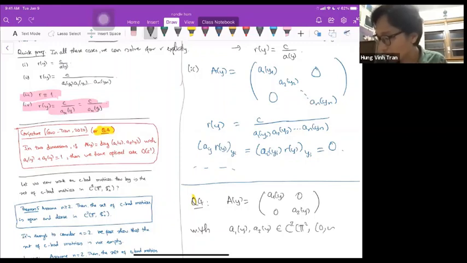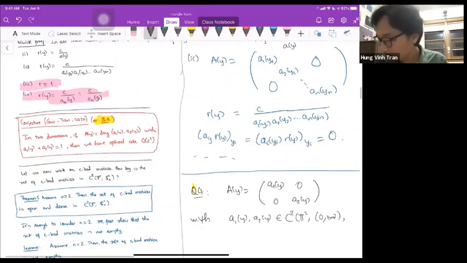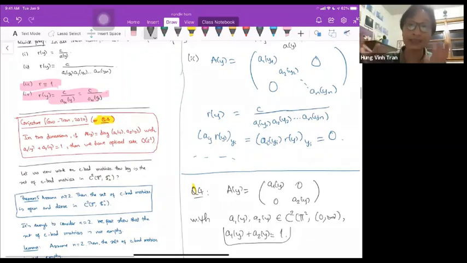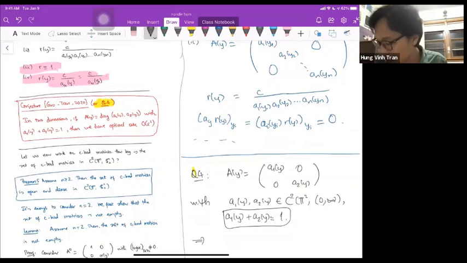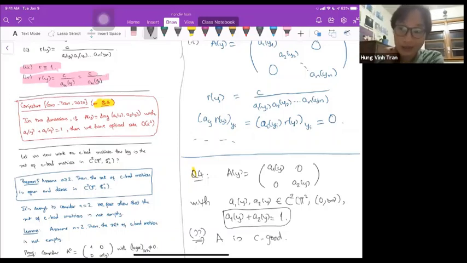We require that the trace is 1. This is the additional requirement, as I said, we require more. Then the question is whether we should be able to prove that A is C-good. It turns out that it's quite hard. We haven't been able to prove it.